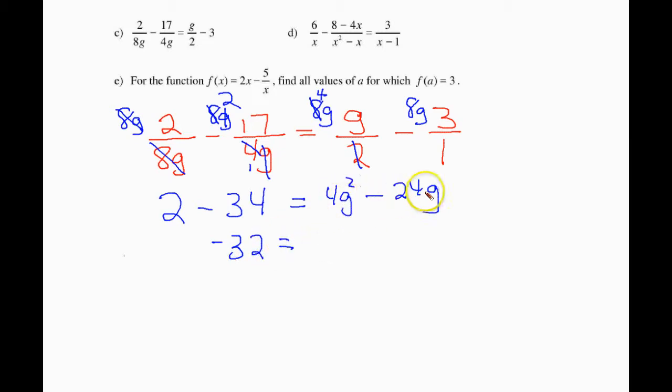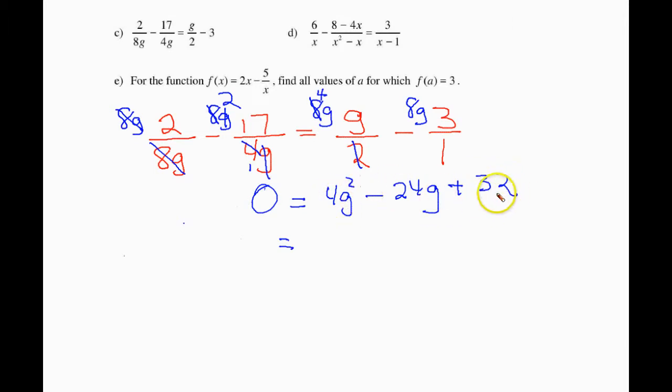And we have this. So I'm going to bring this negative 32 over to this side now. And this then becomes a positive 32 over there. And with the magic of an eraser, this now equals 0. So what do we have here? We have a quadratic equation.